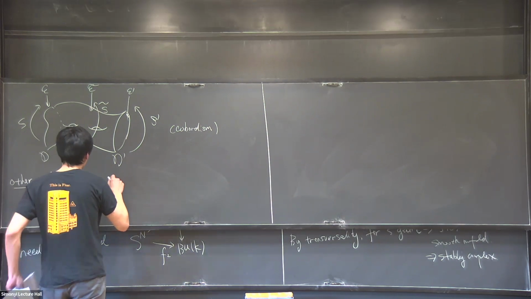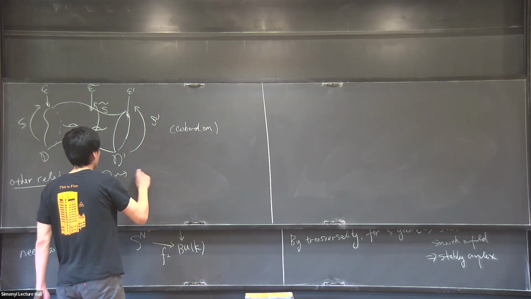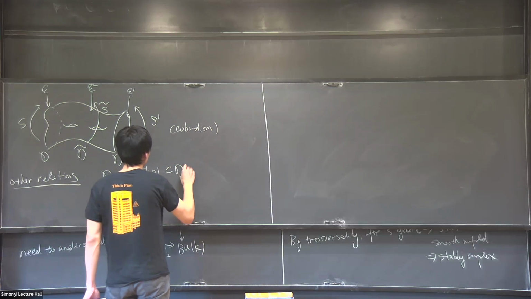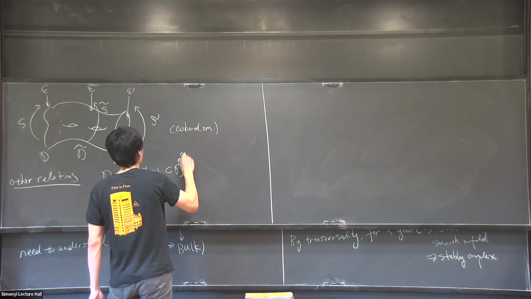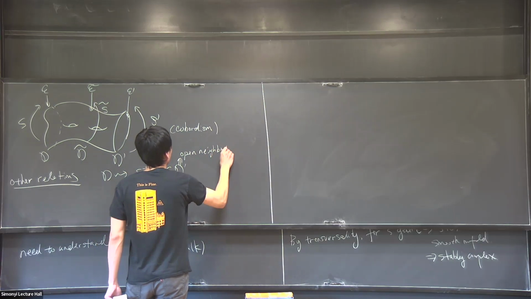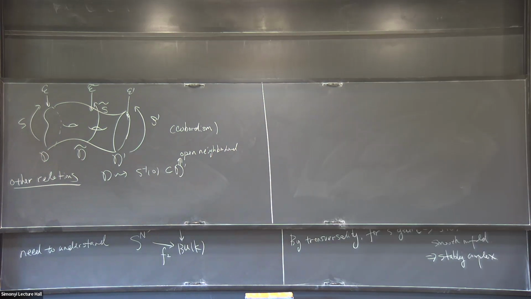For example, we could replace the orbifold D by some kind of neighborhood of the zero locus, and also replace the vector bundle by its restriction to this open neighborhood, and the section by the restriction as well. The point is that we more or less just care about the behavior of this structure near the zero locus, so we can do that.